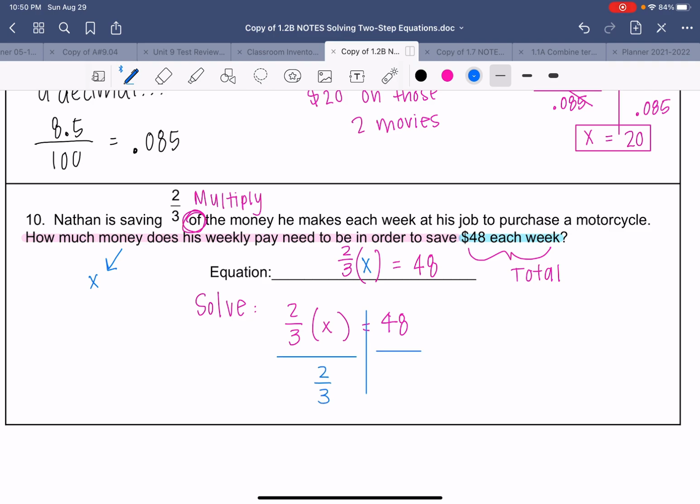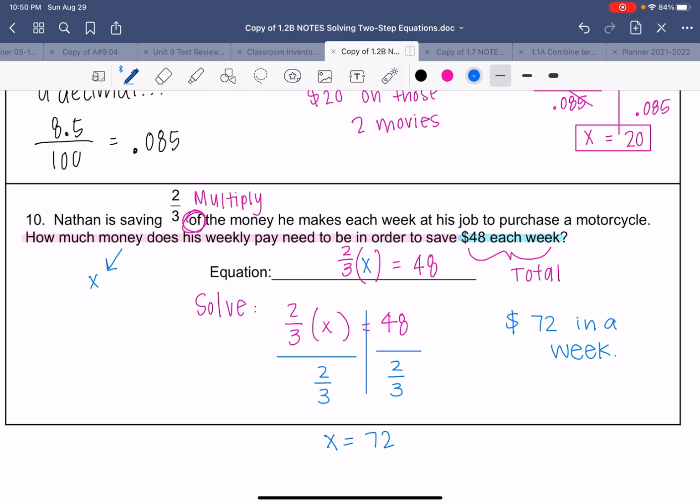What I do on one side, I must do to the other. And x equals 72. So he must make $72 in a week in order to save $48 at the end of that week.